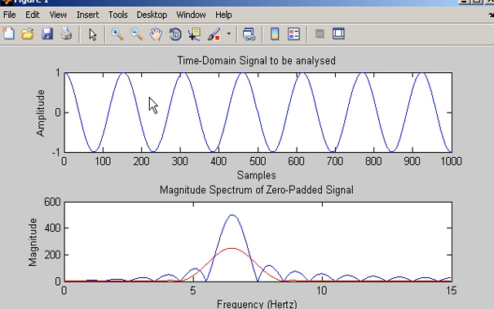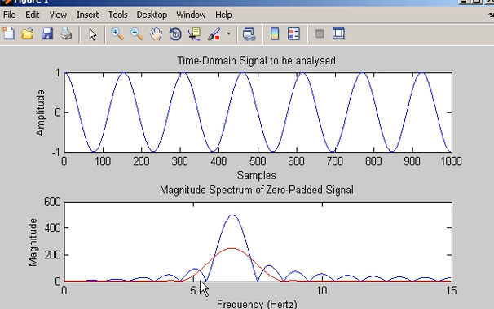So what we can see here is that the original magnitude spectrum, which hadn't a window explicitly applied, is this blue shape. This is the main lobe associated with the first magnitude spectrum. We can see we also have these side lobe components here.